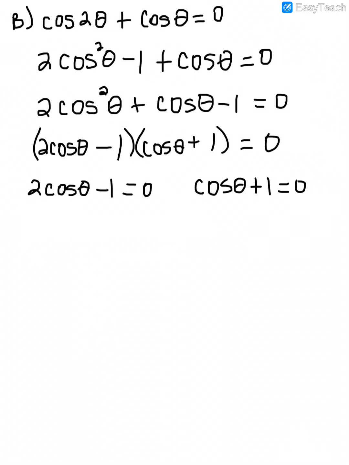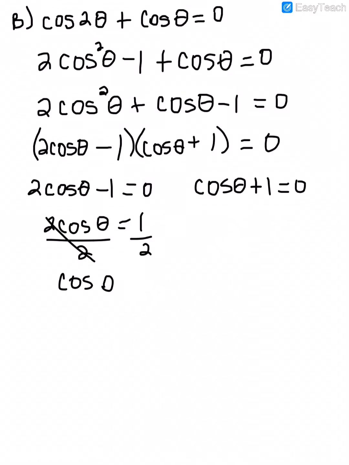Then I'm going to take each one of those, set them equal to 0, and solve. So 2 cosine of theta minus 1: I'm going to add 1 to both sides, and then divide by 2. And this gives me cosine of theta equals 1/2.